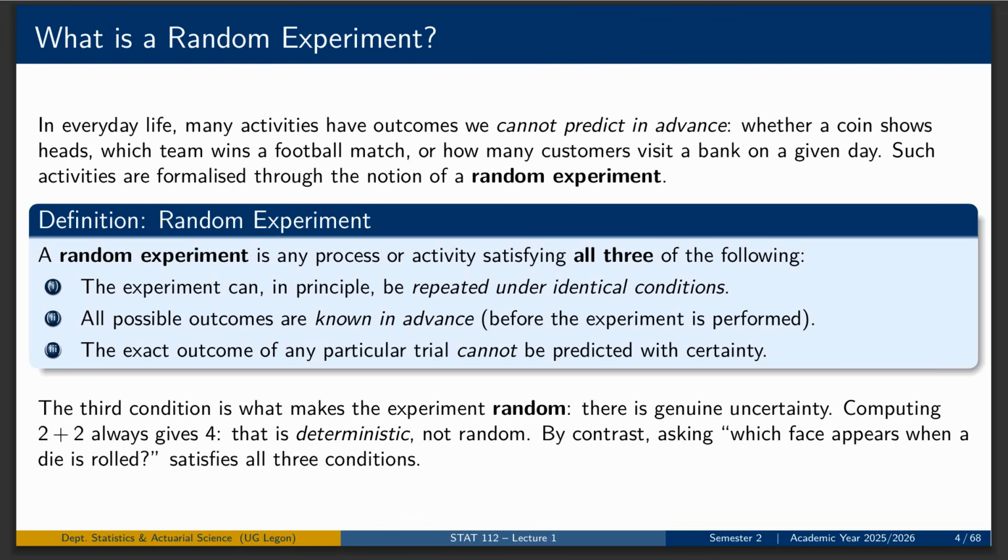So what is a random experiment? In statistics, we do a lot with experiments, right? Now, these experiments should mainly be something where we, for example, know the possible outcomes.